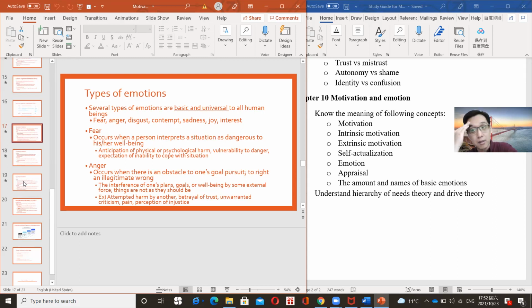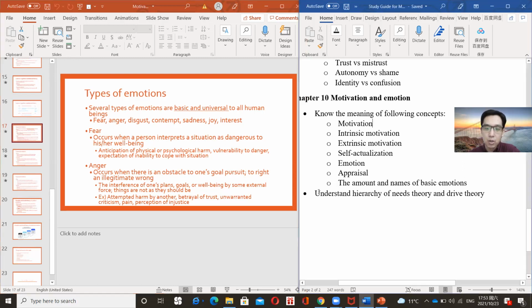There are some emotions that are very complex and not basic, such as jealousy. We haven't talked about jealousy in the lecture, but you can know that some emotions are very complex and based on the basic emotions. But these 7 emotions are very basic.